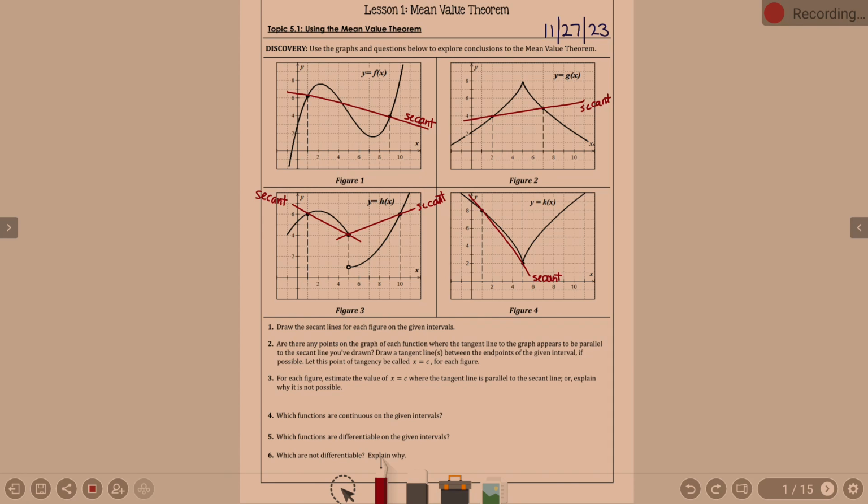You got your secant lines? Mine aren't great either, but we're going to go with them.